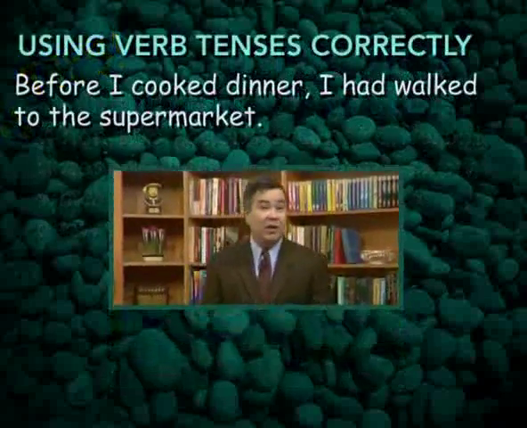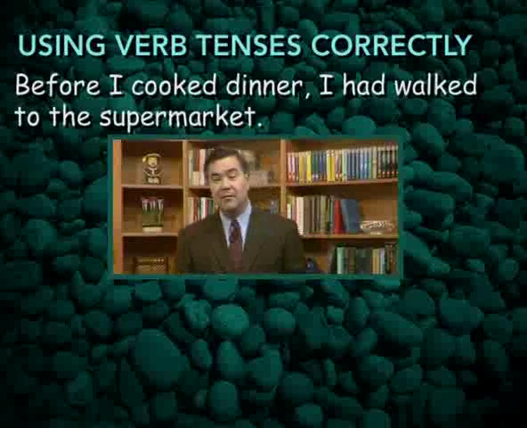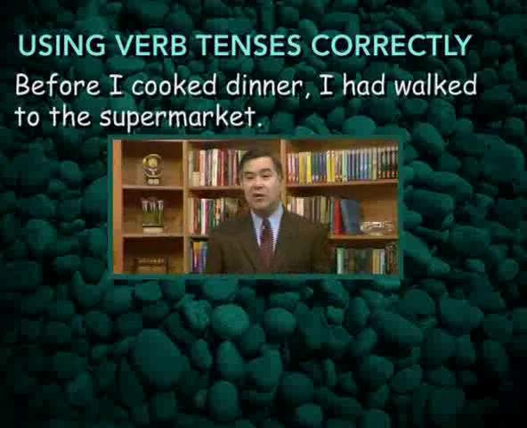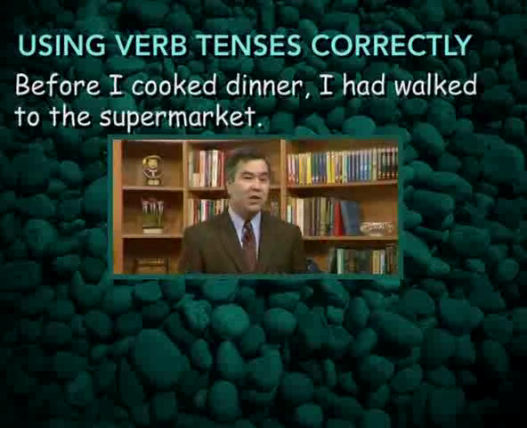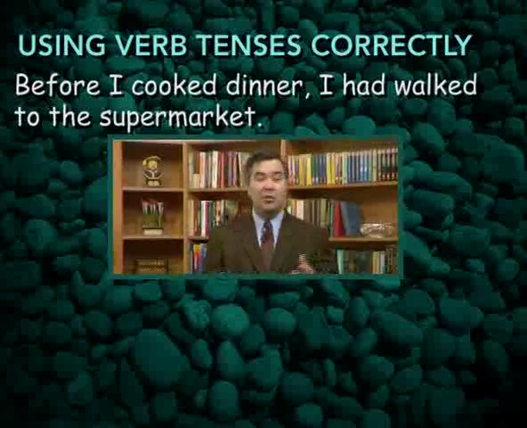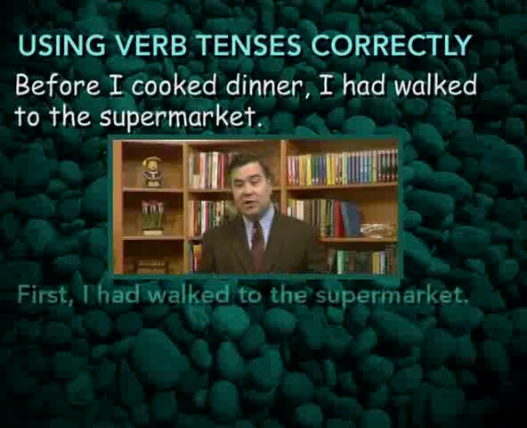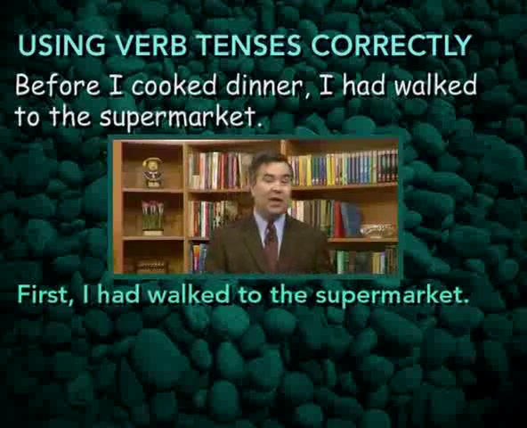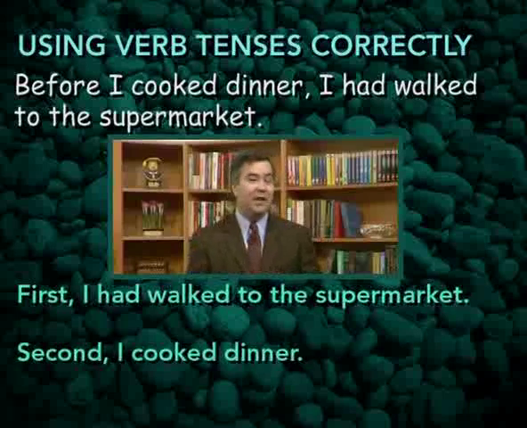Before I cooked dinner, I had walked to the supermarket. In this sentence, 2 actions are described, cooking dinner and walking to the supermarket. What's the sequence of events? Which happened first, which happened later? Well, the first thing that I did was walking to the supermarket. The second thing was cooking dinner.